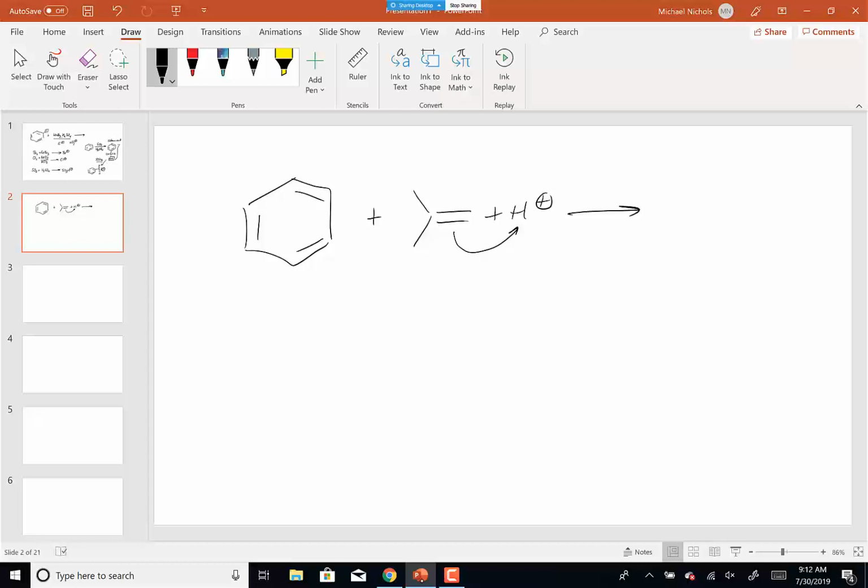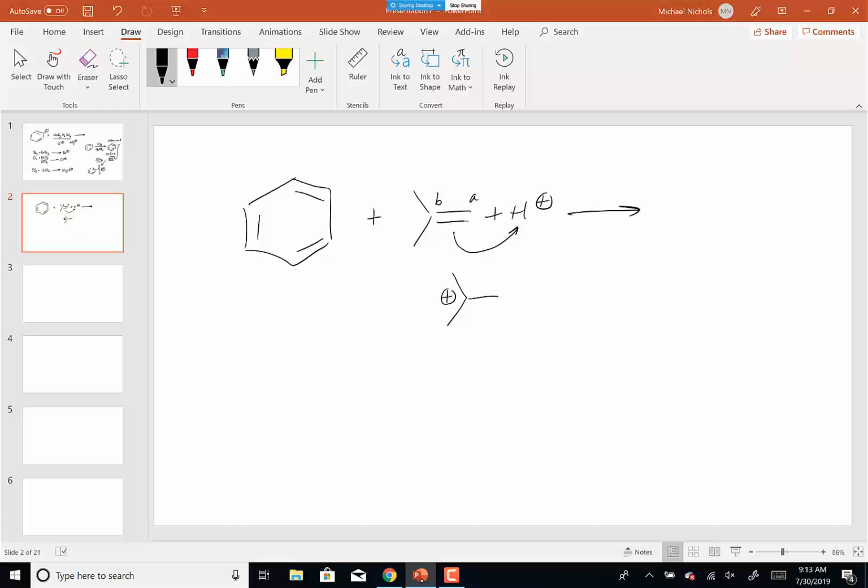By what kind of addition? In other words, where's the H plus going to go? Is the H plus going to go on A or is it going to go on B? A, because that starts with M. Markovnikov addition. So what I'm going to end up doing is forming a tertiary butyl carbocation.